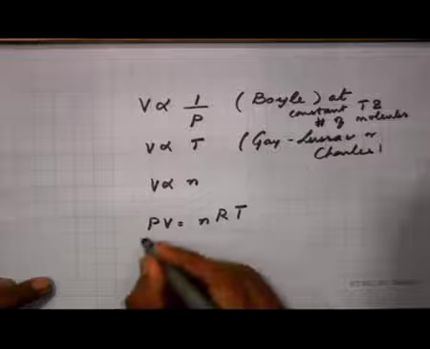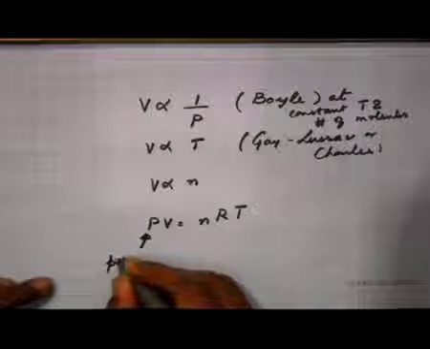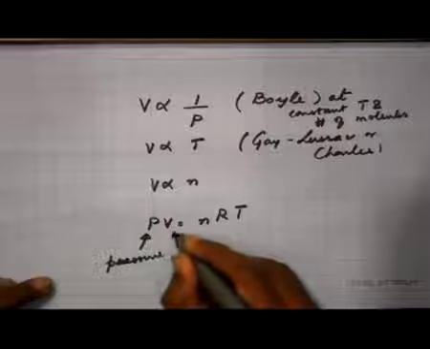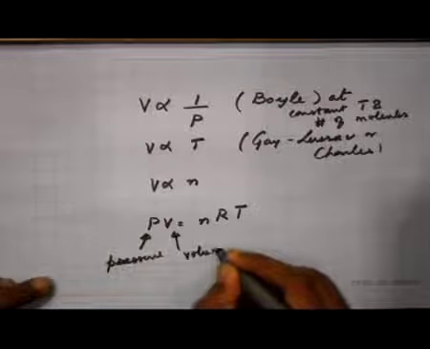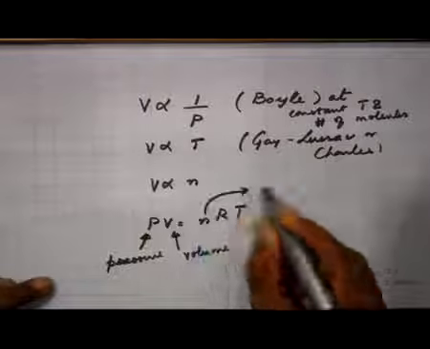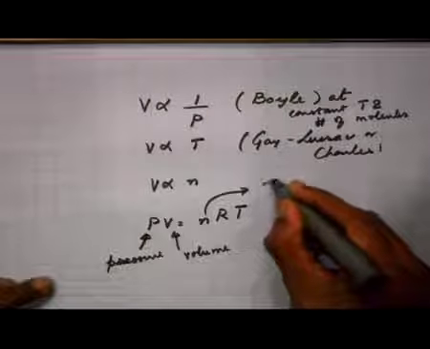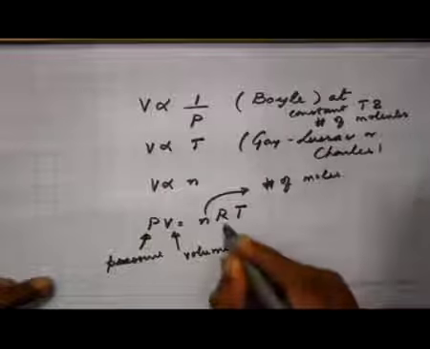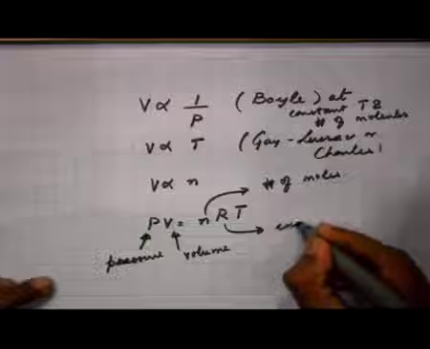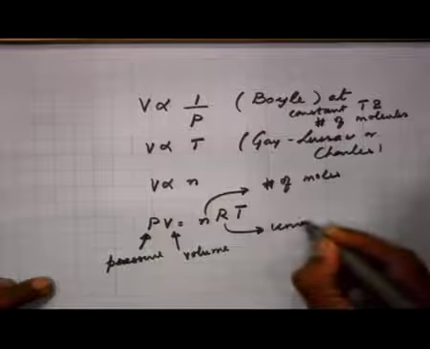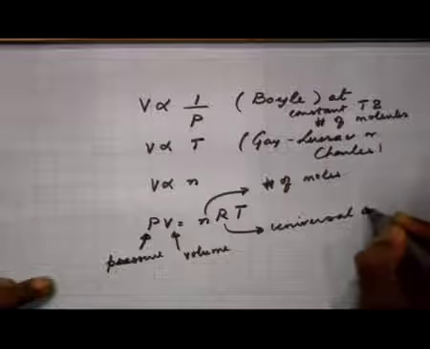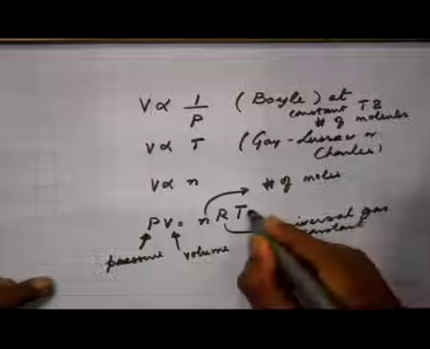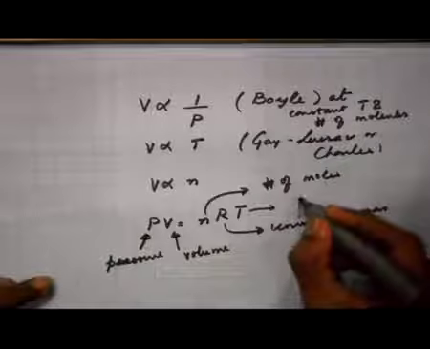So, P is pressure, V is the volume, n is the number of moles of the gas, R is called the universal gas constant, and T is the temperature in Kelvin.